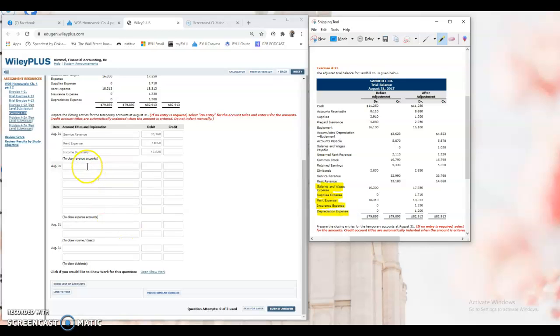So first, sorry, that's gonna be on the second one. First we're gonna put the income summary on the top, and then followed by the salaries and wages expense. So that will be 17,350, and then supplies expense.